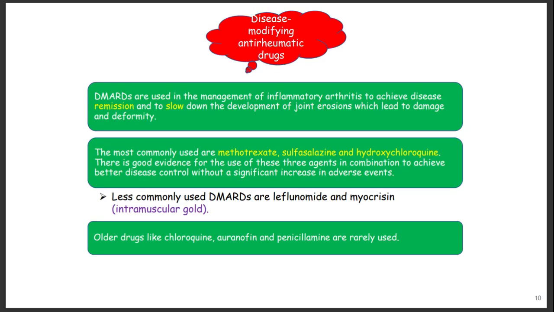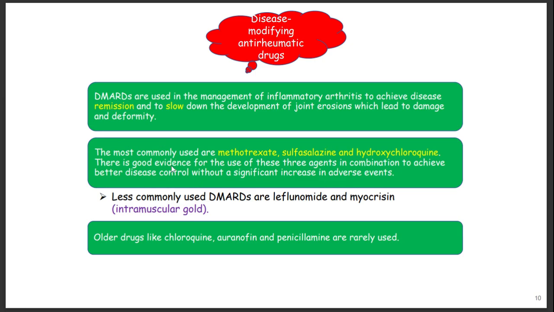The disease modifying anti-rheumatic drugs, the DMARDs, are used in the management of inflammatory arthritis to achieve disease remission, to remove the disease, and to slow down the development of joint erosion, which leads to damage and deformity. The most commonly used ones are methotrexate, you have got sulfasalazine, hydroxychloroquine.